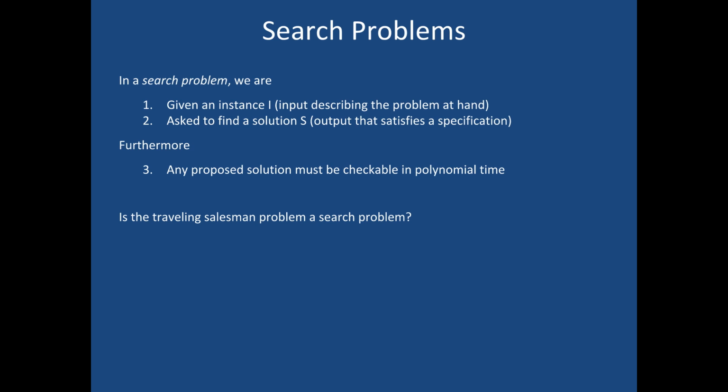Check all Hamiltonian cycles. Okay, you could find every Hamiltonian cycle in the graph and figure out how long they each were and see if this proposed one is the smallest. But can you do that efficiently? Nope. It turns out that if the graph is complete, an exponential number of Hamiltonian cycles is possible. So that approach to verifying a solution won't work.